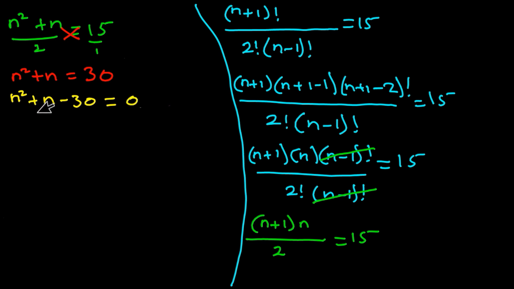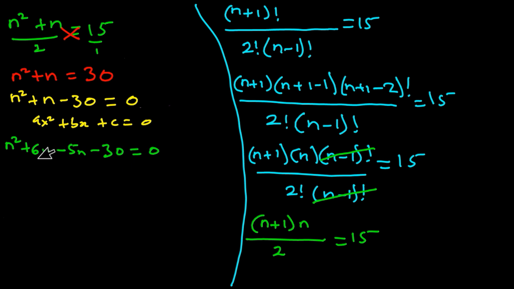And this is a quadratic equation of the form ax squared plus bx plus c is equal to 0, right? So I will solve this one. I'll rewrite this equation as n squared plus 6n minus 5n minus 30 is equal to 0.